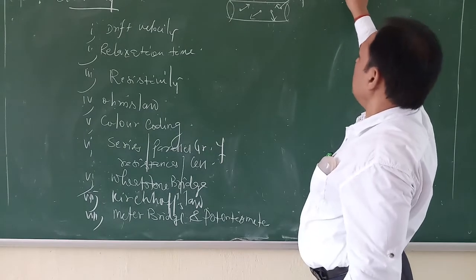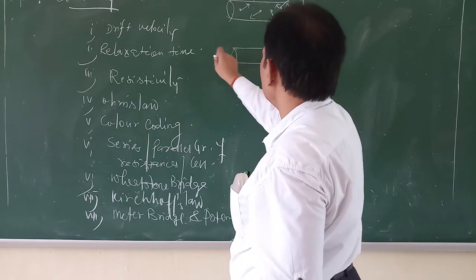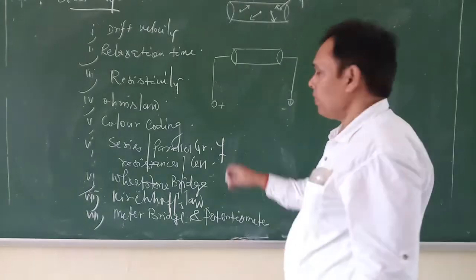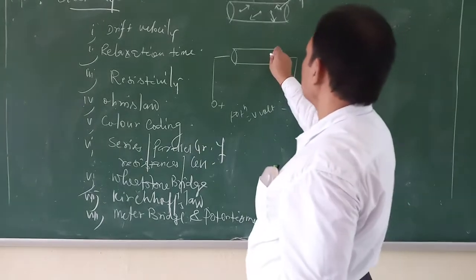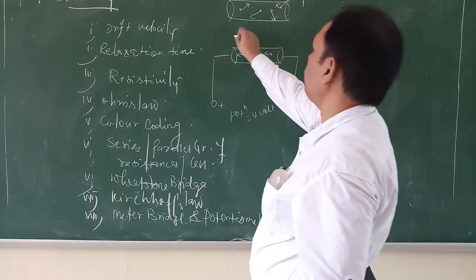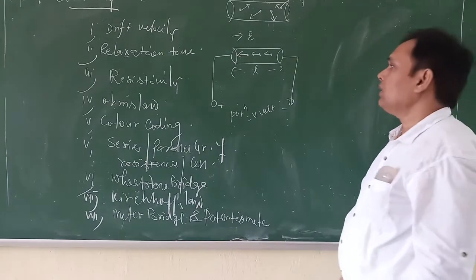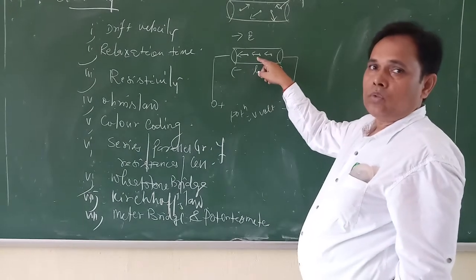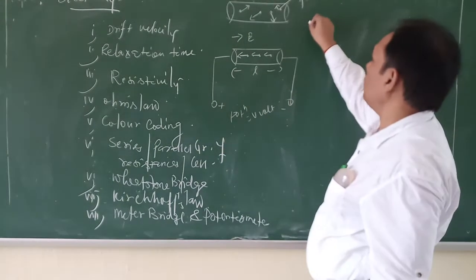But as soon as it is connected to an external source of potential V volt, all the electrons are arranged in a proper direction, because an electric field is set up across this conductor of length L, and in this case the electrons get drifted due to the external electric field. That is called drift velocity.